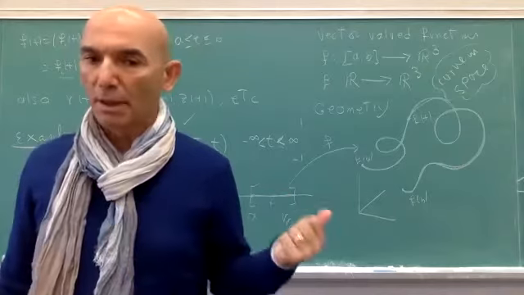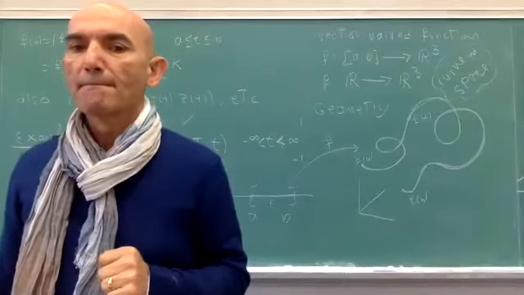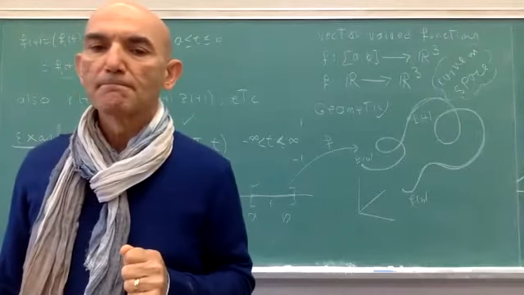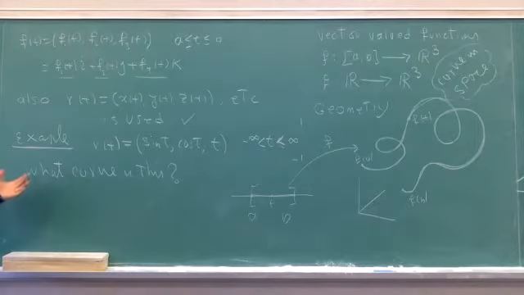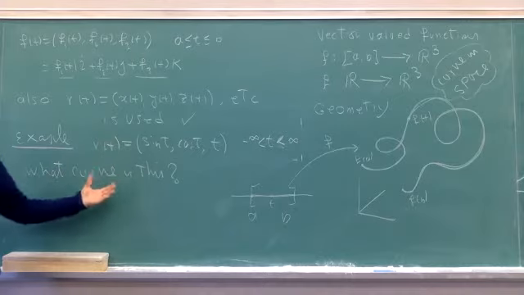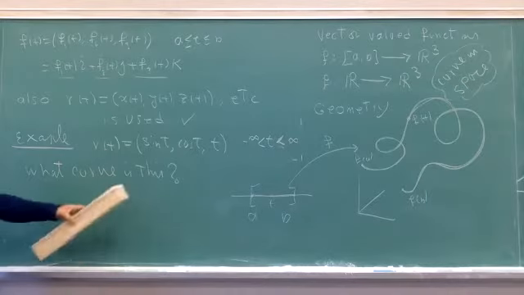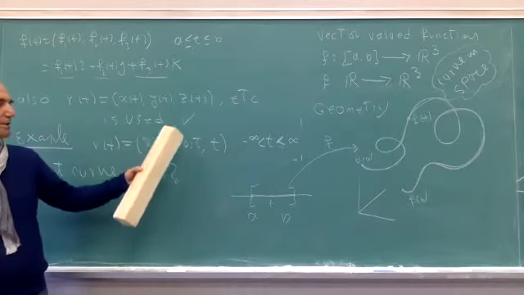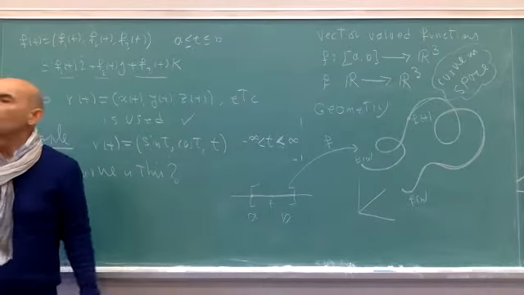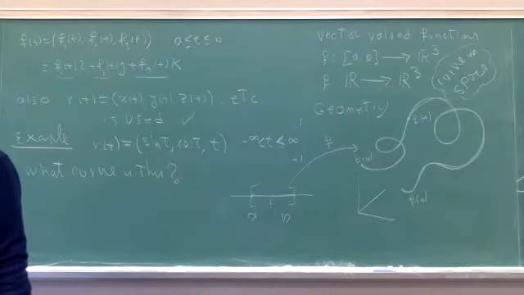Okay, good, I got an answer already. Any other answers? If there was no t here, what would your curve be? If we just had sine t, cosine of t, and 0, what would that curve be? Yeah, exactly.